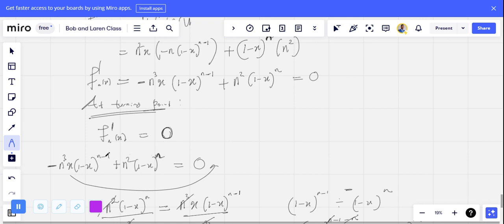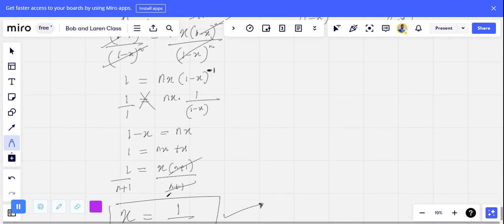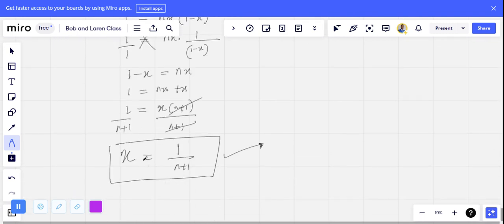This is the first derivative. Then you go ahead and differentiate this again. After getting the second derivative, you have to substitute x for 1 over n plus 1 and confirm whether the result is less than 0. If the result is less than 0, then this particular 1 over n plus 1 is said to be maximum.